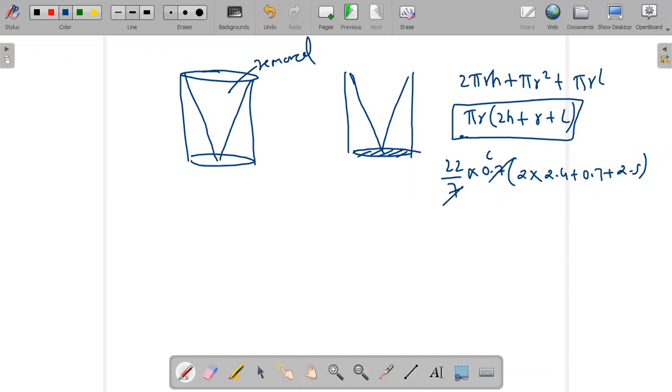So this can be cancelled, 0.1 times 22 into 0.1 will be 2.2. This is going to be 4.8 plus, I'm going to add this, I'm going to get 3.2, right? So this is 2.2 plus, I'm going to add this, I'll get 8 into 8. So 8 sixes are 48, 8 ones are 8, so I'm going to get 17.6.